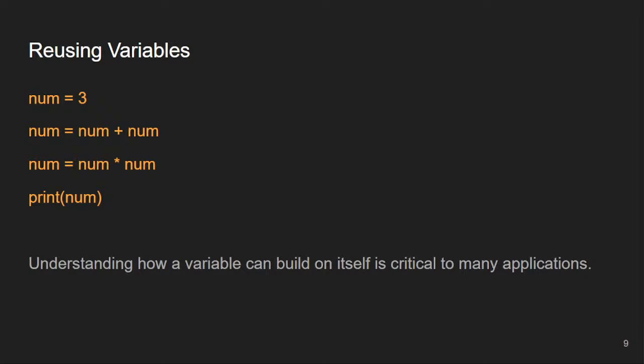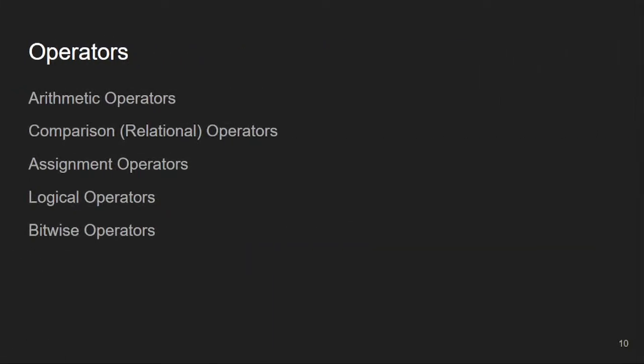All right, moving on. Operators, we have some operators in Python. Many of them work with 2 operands, and there are a few that work with just 1 operand. So these are some of the common categories of operators we have in Python.